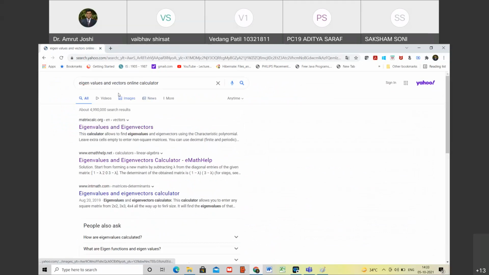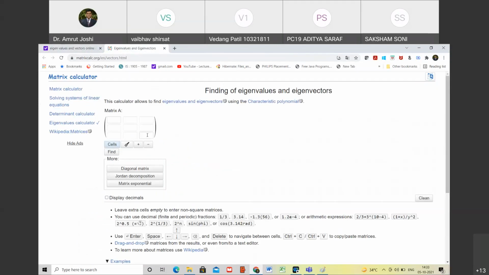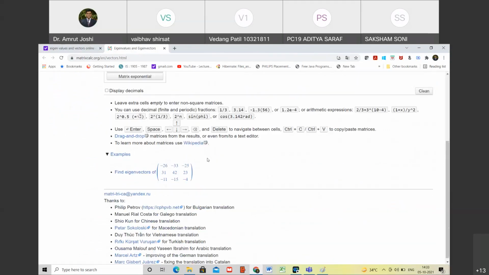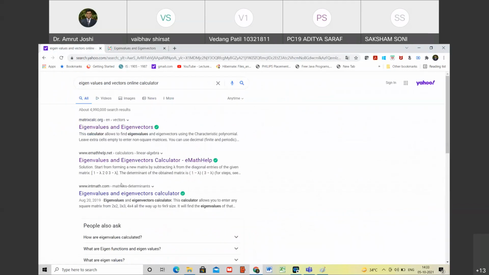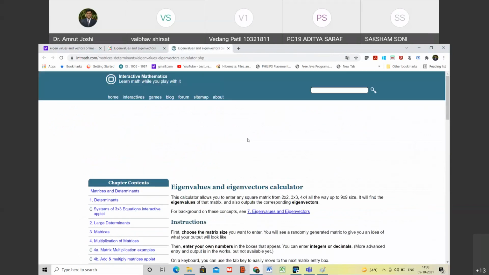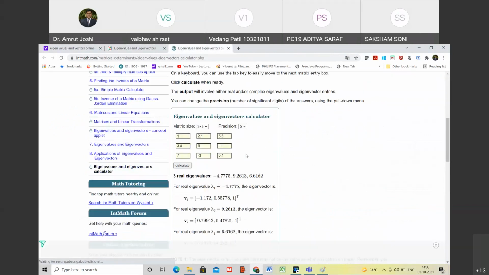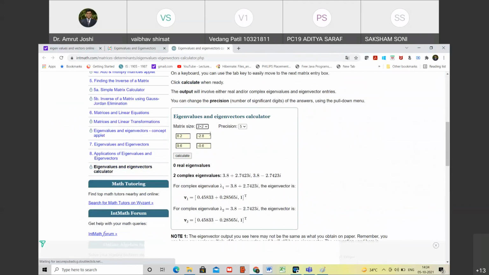Calculate. I don't want a 3 by 3 matrix, so let us take 2 by 2. I am using any online tool that is available from time to time. You have a calculator. Are you with me?